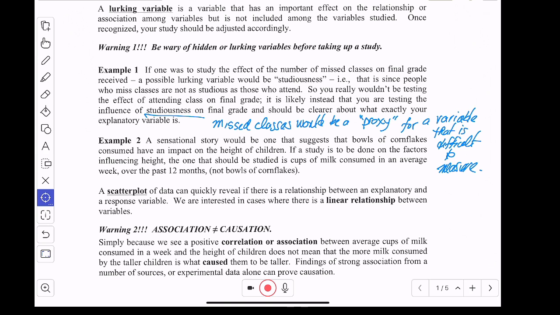In this case, the explanatory variable would be the cups of milk, and the response variable would be the height of children.